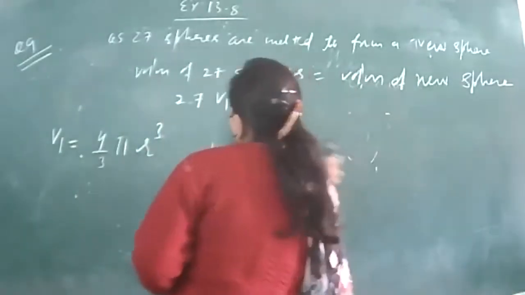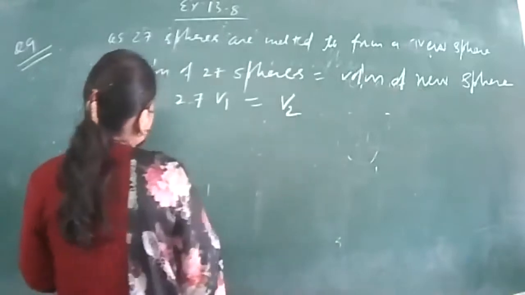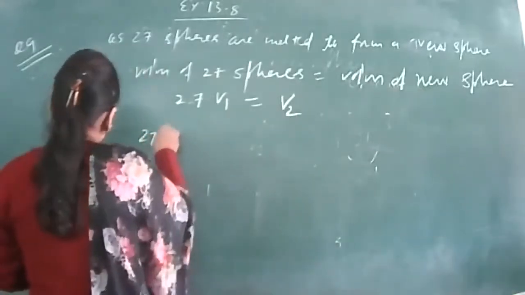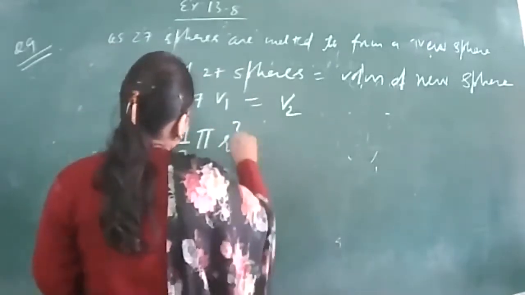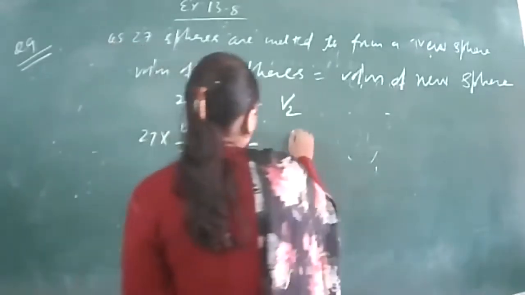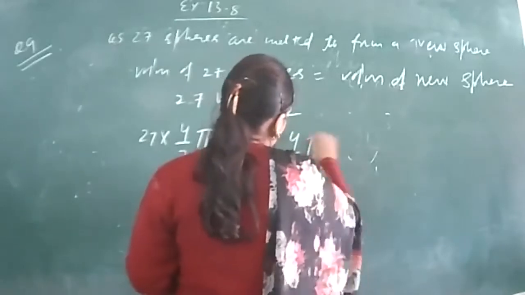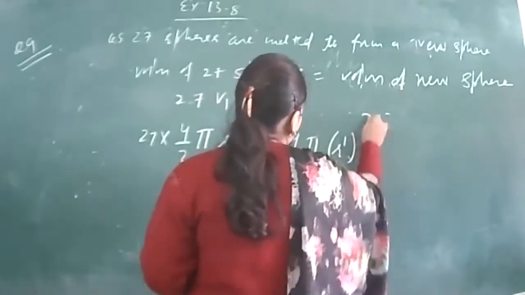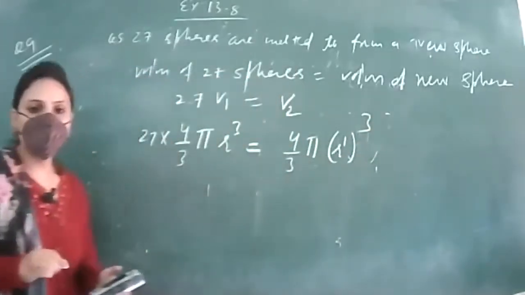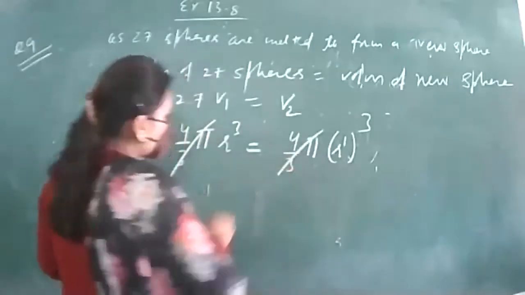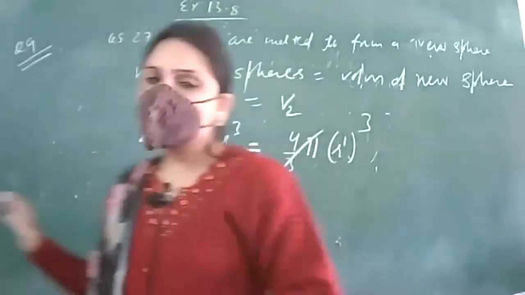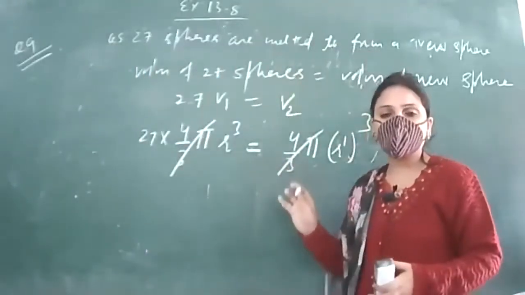Let us replace the value. This is 27 into 4/3 pi r cube, equal to 4/3 pi r dash cube. ठीक है? So this is 4/3 pi, 4/3 pi. It is cancelled. ठीक है? दोनों साइड से 4/3 pi हमने कैंसिल कर दिया.